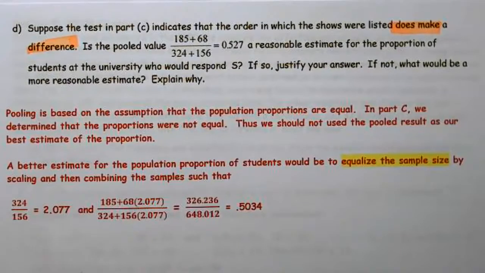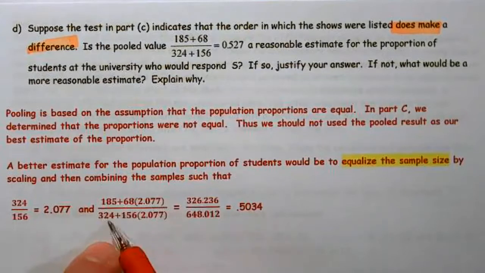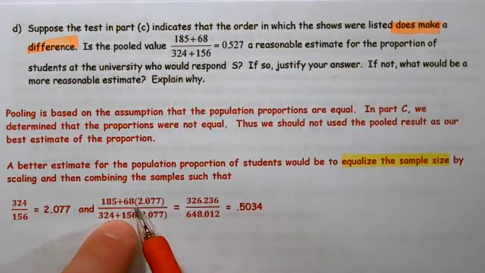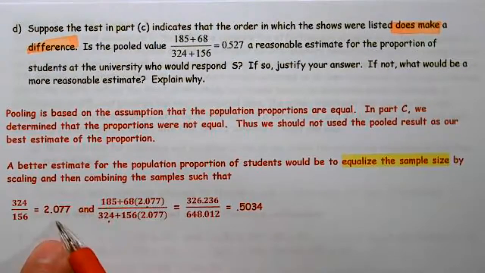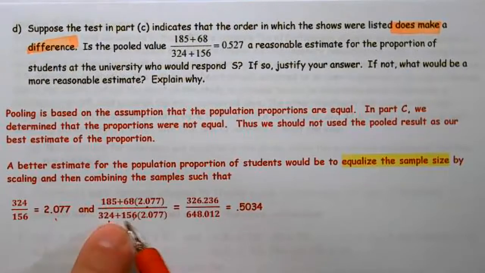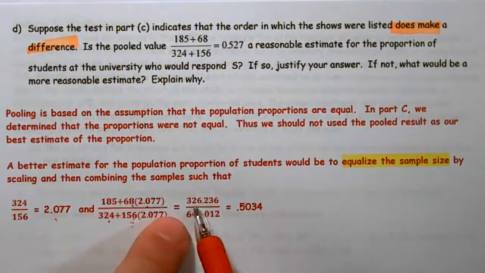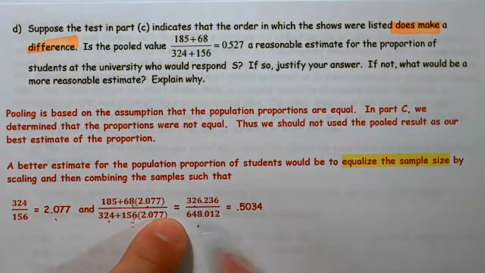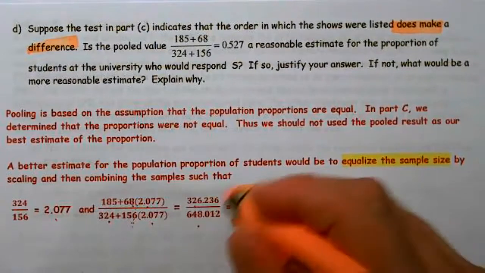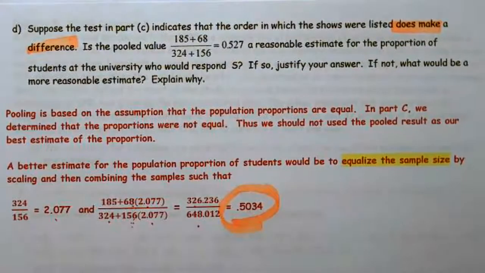I choose to multiply. So this was my first sample. But my second sample, I multiplied by this ratio, multiplying numerator and denominator, and then combine. When I do that, I get these values, and what I find would be my best estimate based on the two surveys is 0.5034.